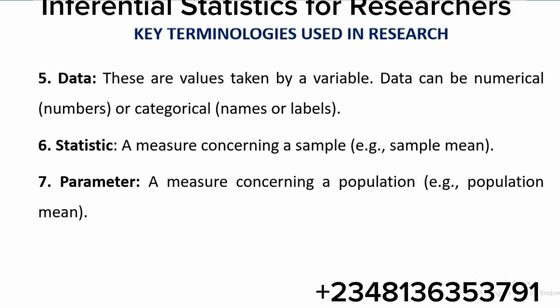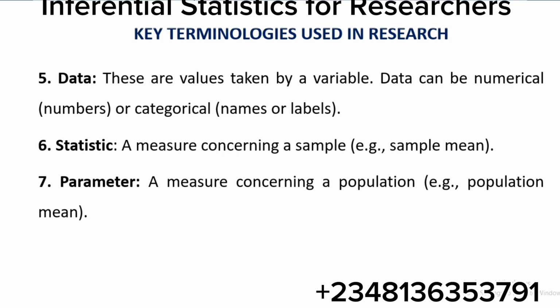The next one is statistics. A statistic is a measure concerning a sample. Any measure that tells us information about a sample is known as a statistic. For example, we can have sample mean, sample variance, sample standard deviation. Then we have a parameter. A parameter is a measure concerning a population.